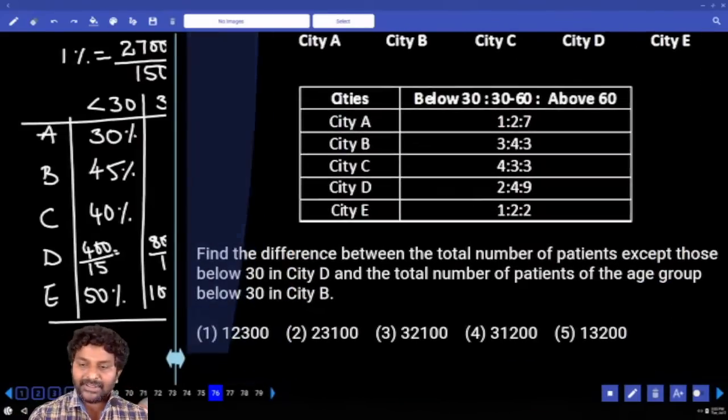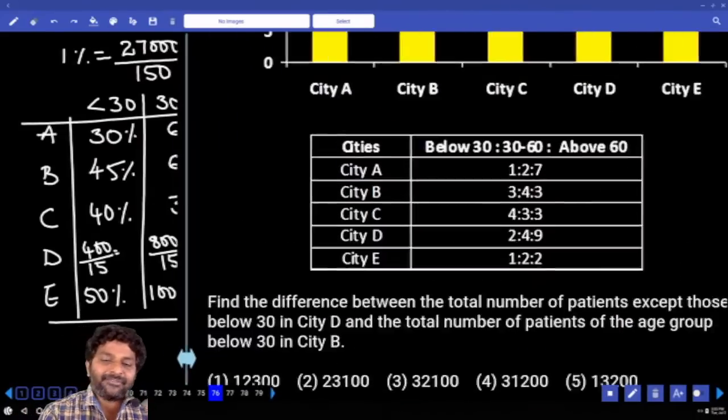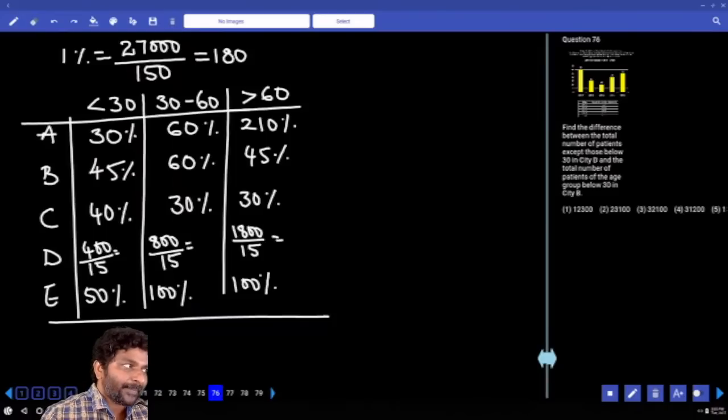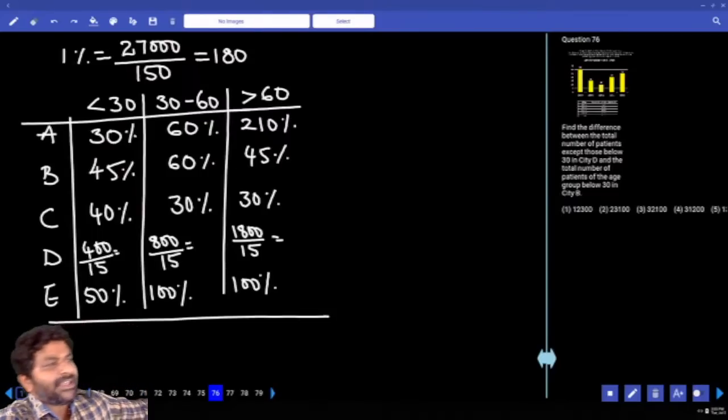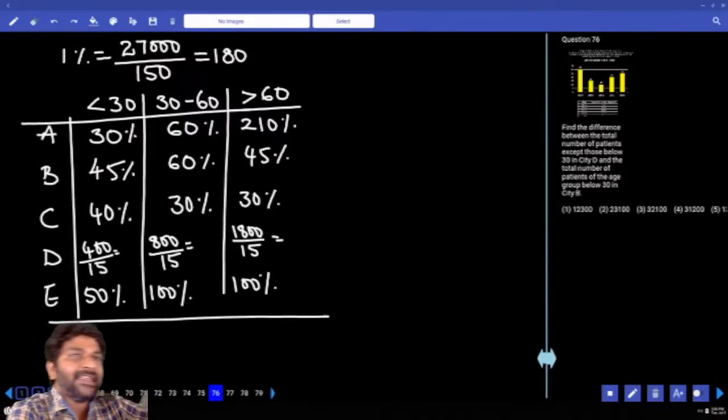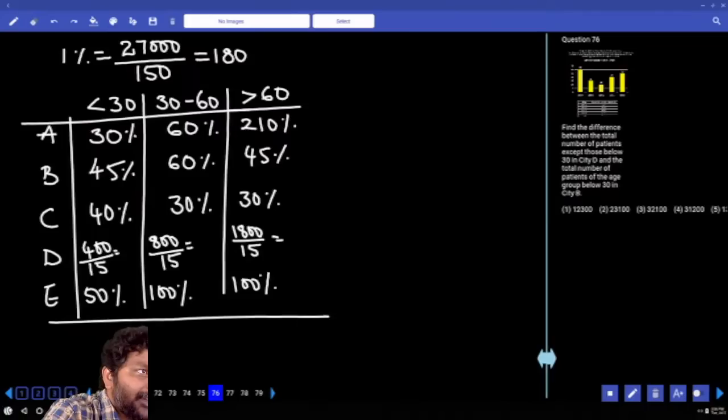Right. In city D we have a fraction. If there were no fraction, we would have done it another way. Why? What is the 1% value? Except D, the rest of the 4 cities have integers, right? Where the 1% value is a multiple of 9. So every number is a multiple of 9, whether it is a sum or difference.